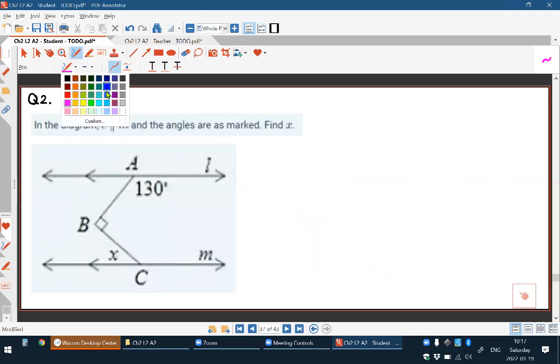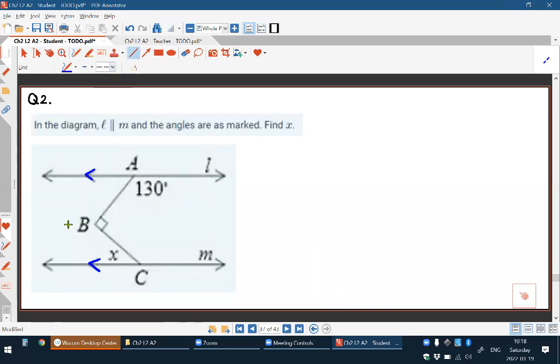In this diagram, line M is parallel to line L, and the angles are marked here as follows. Find x. So note here, we have learned the property of parallel lines. So this line is parallel to this line. This tells us that there might be some corresponding angles or other pairs of angles we can use.